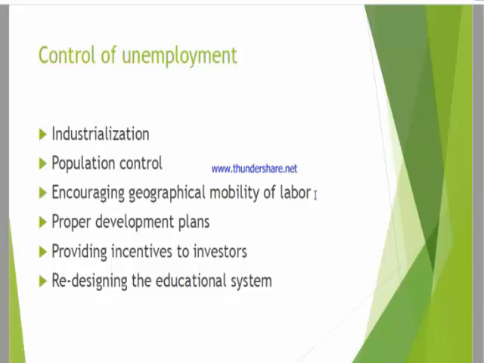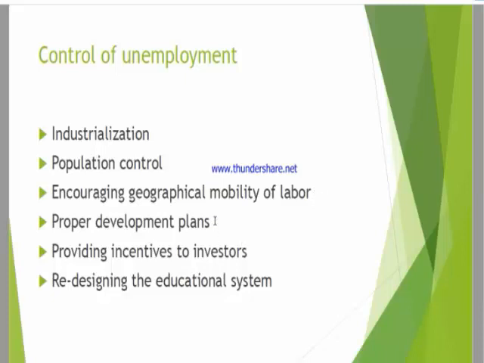This has to do with encouraging people of working age to leave their states of residence for other states in search of employment, so that we will not generate high rates of unemployment in the country. Then we also have proper development plans.